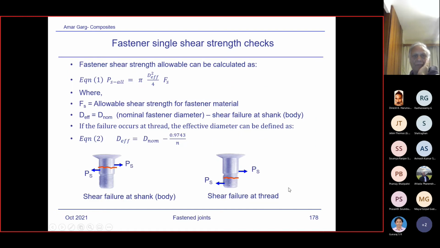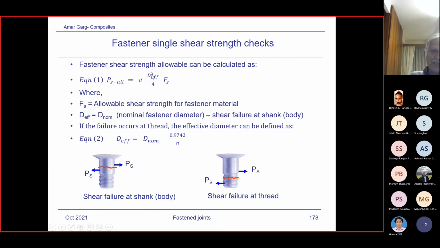Okay, now, fastener single shear strength check. So now, instead of the laminate, the fastener could fail in shear. So the fastener shear strength allowable can be calculated.